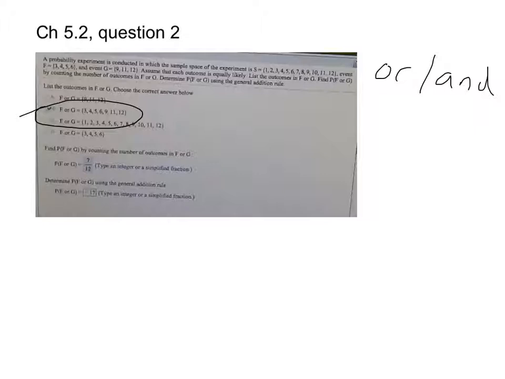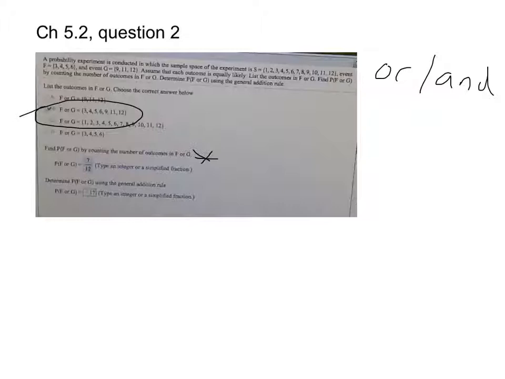But if you got any of the numbers separately of either F or G, you would have F or G happen. Now you're supposed to find the probability in part 2 here. The probability of F or G, and you're supposed to do it by counting.